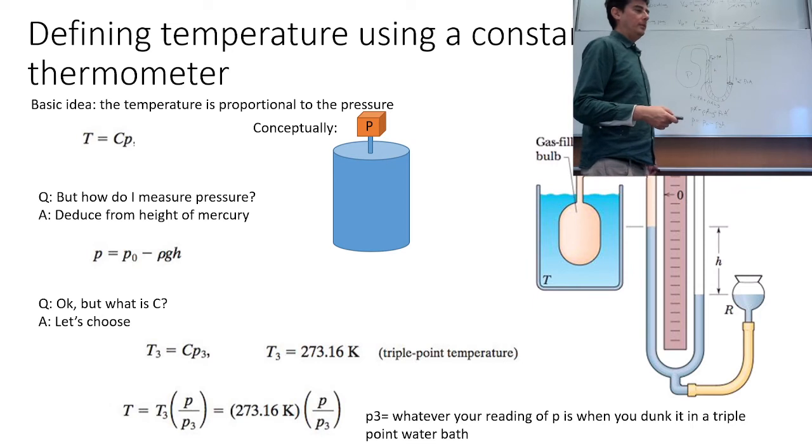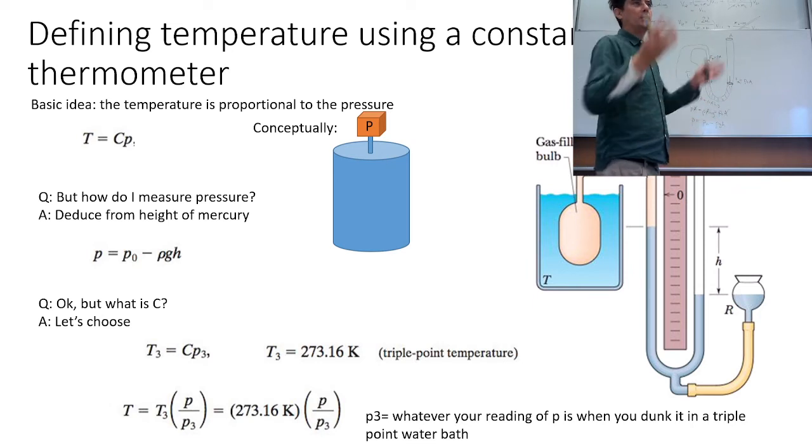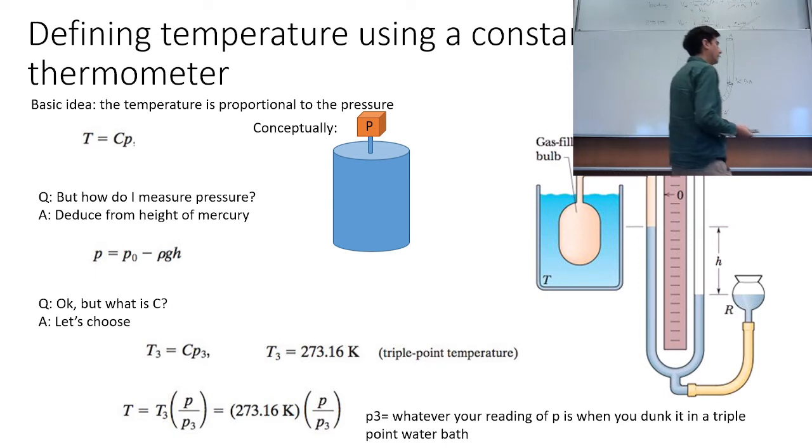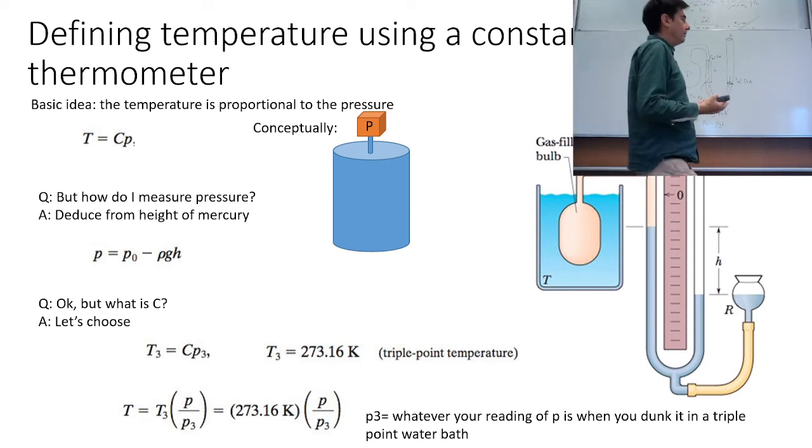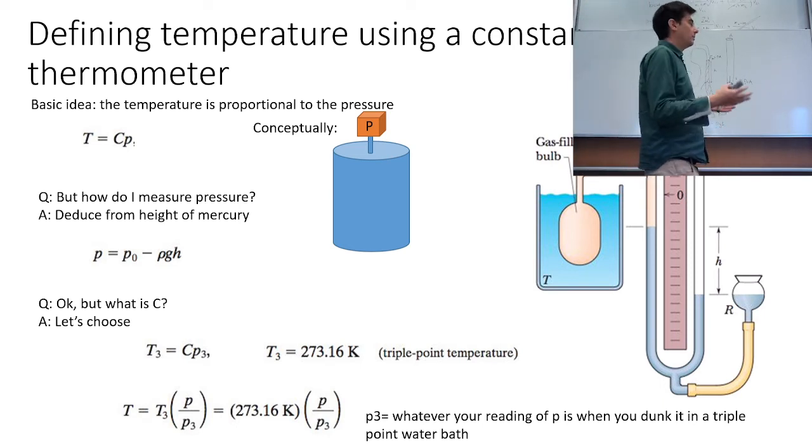So you can imagine if you've got a can of something and you throw it in the fire, it will explode because the pressure will build up and then it would explode at some point. So we're kind of implying what the temperature is from the pressure. And so we're going to use this kind of device in order to convert our pressure into temperature.